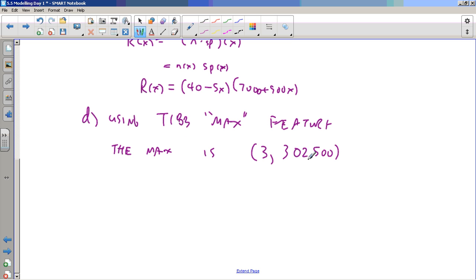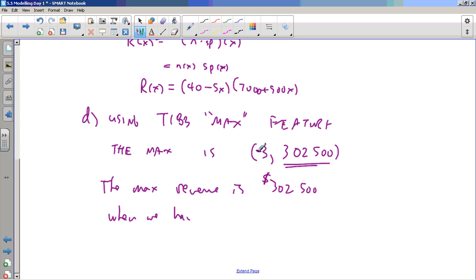Find the maximum revenue. Well, that's the maximum revenue. So the maximum revenue is $302,500 per week, when the average price, when we have, I was at -3, wasn't it?